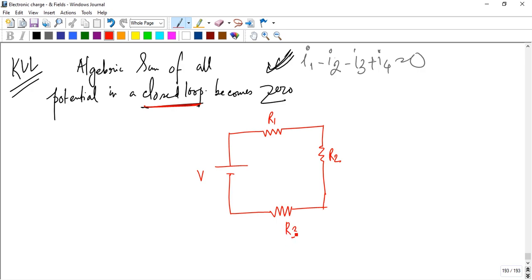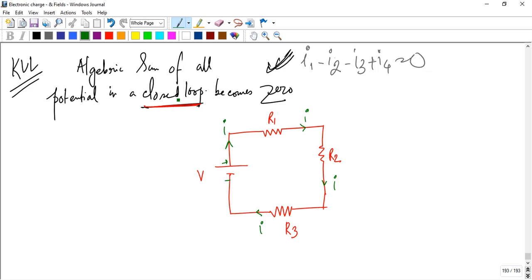There are three resistances, and the current direction is very important. These are plus and that is minus. Current goes from plus to minus direction, so there is current I in that direction. R1, R2 and R3 are all connected in series, so the current value is the same.